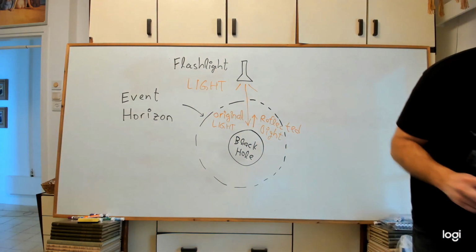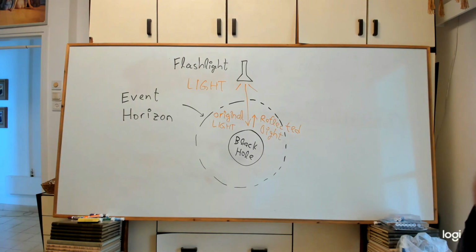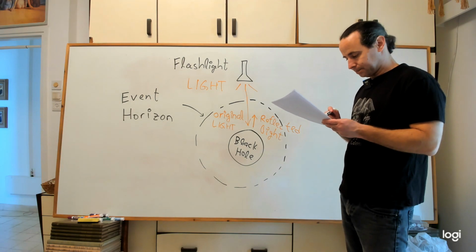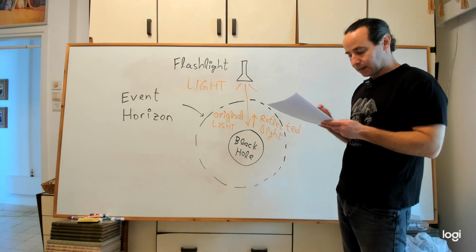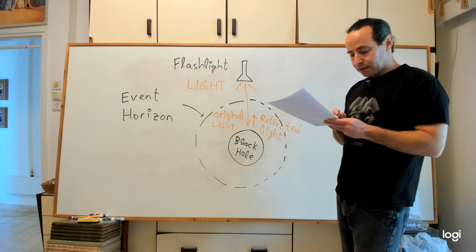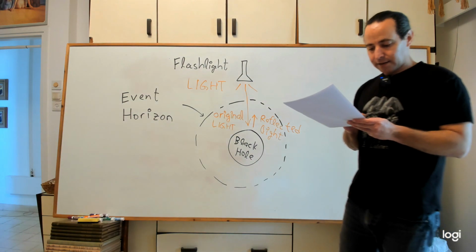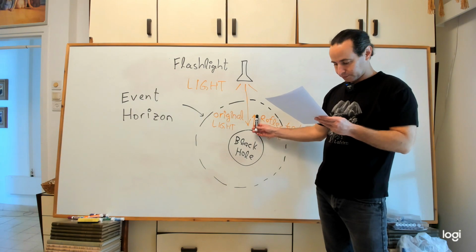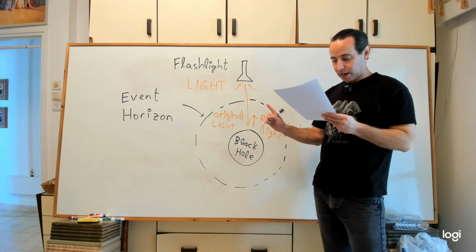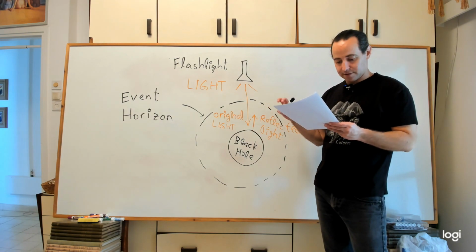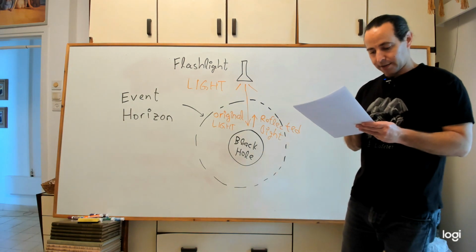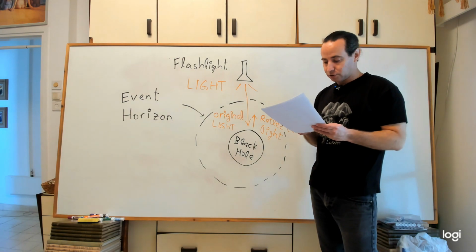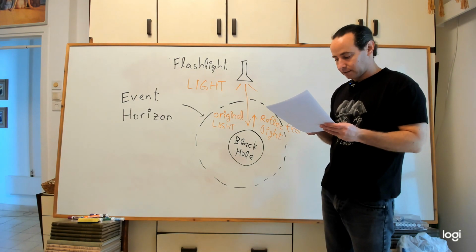Can you see the orange? Yeah. Okay. That is trying to rise up. This light that is trying to escape from the black hole cannot slow down, because light always moves at the speed of light. But it's losing more and more energy, like a shift to red.